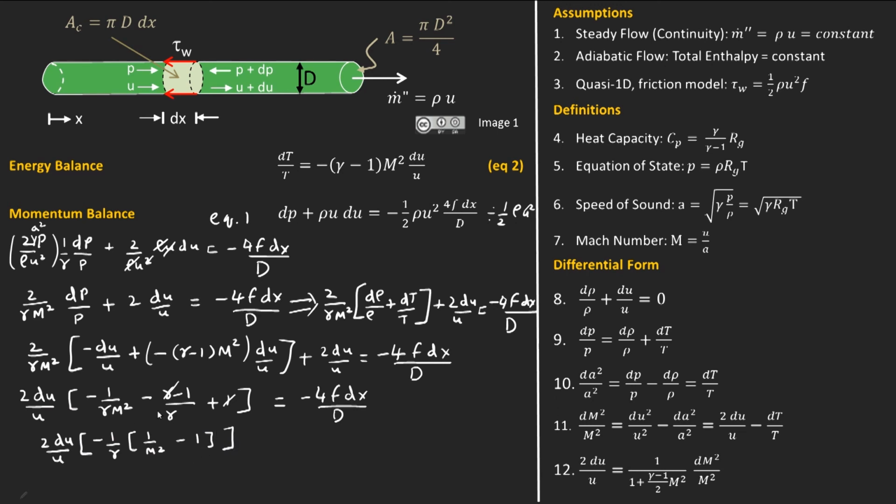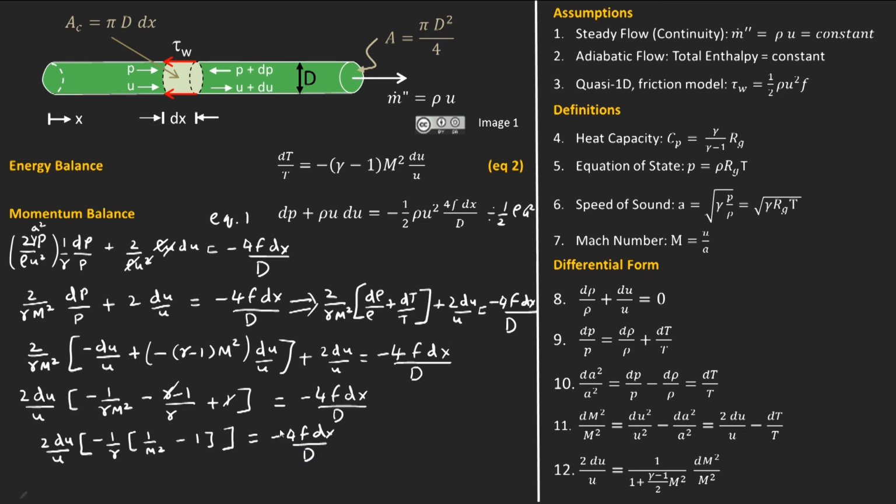Again, I'll let you figure out how we get from there to here. It's basically very simple algebraic manipulation. Alright, and this should be equal to the right hand side, minus 4f dx over d.